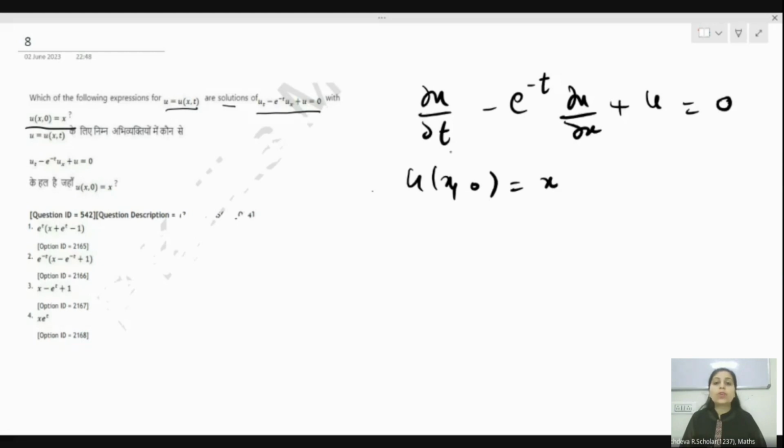You are to find the solution. Either the solution is first, second, third, or fourth.